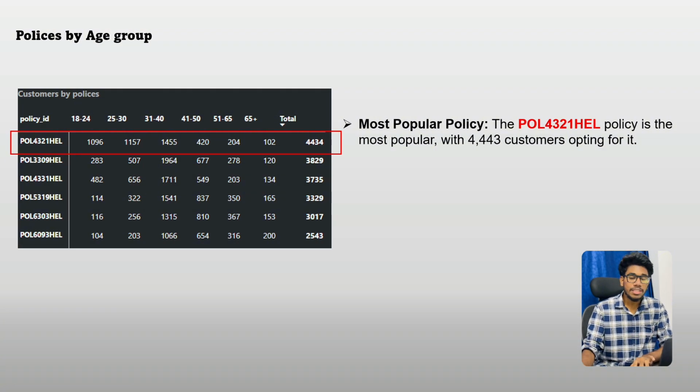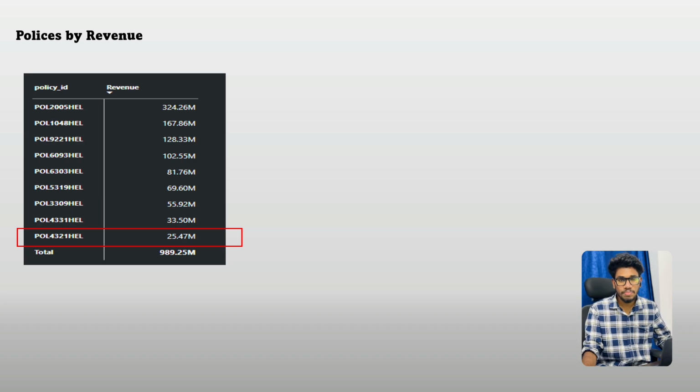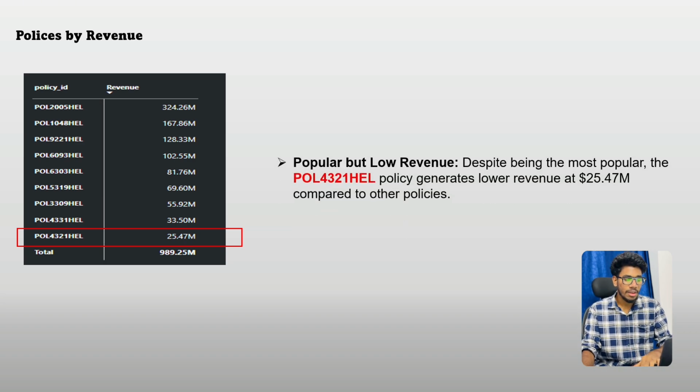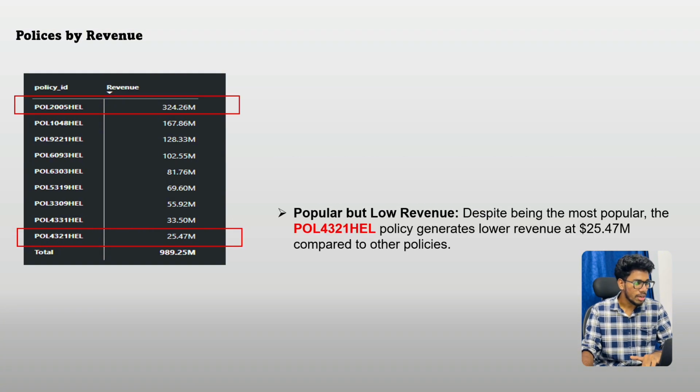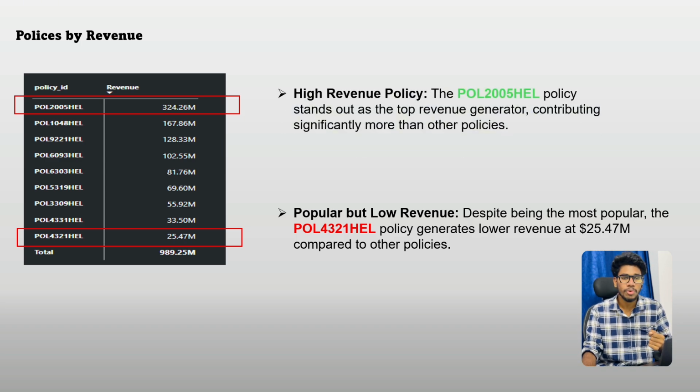And let's see policies split by revenue. The key insight here is that the most popular policy is generating low revenue, only 25.47 million compared to all policies, which is not a good sign for the company. The highest revenue generating policy is 2005HEL, making around 324.6 million rupees.